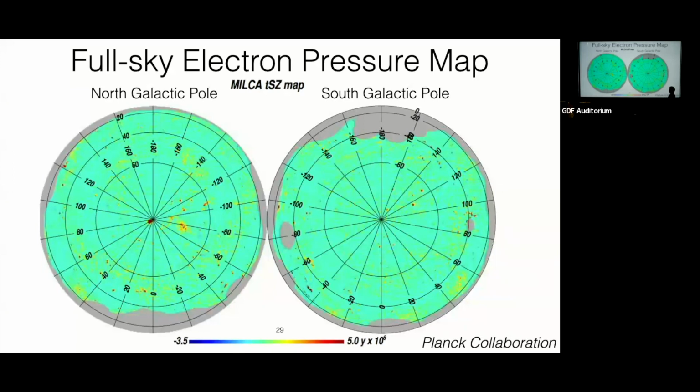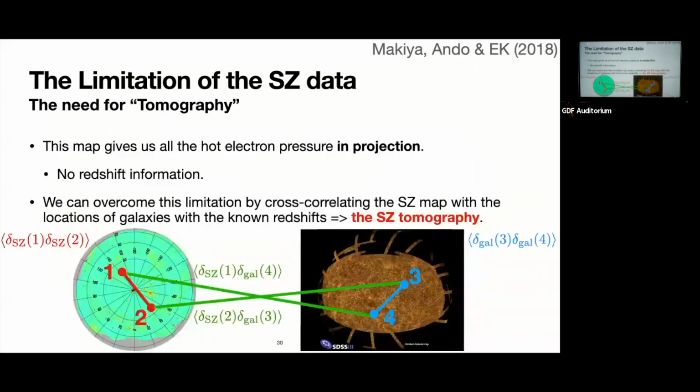Yeah, that's very nice. But the limitation of the SZ data is that this is all hot gas in projection, you don't have the information of the depth, right? You don't know where this gas actually sits in the radial coordinates. Therefore, what we do is a tomography.